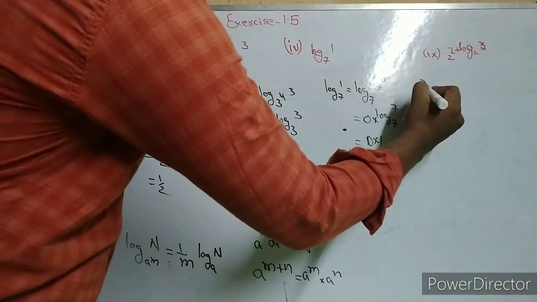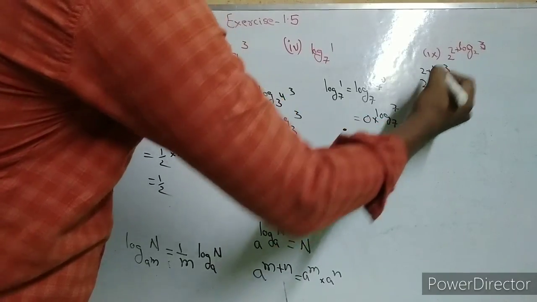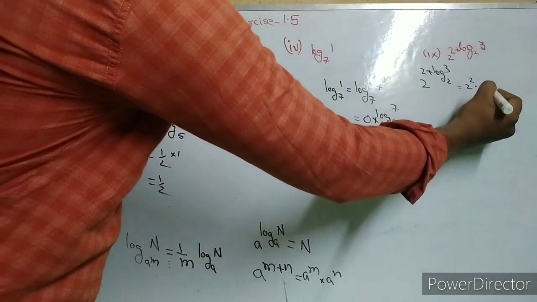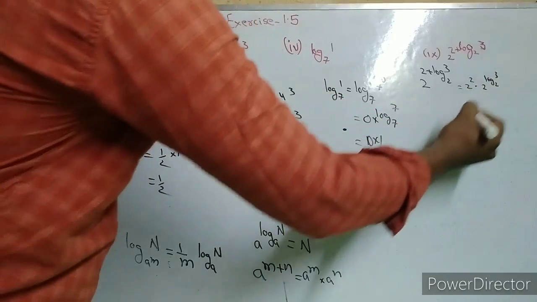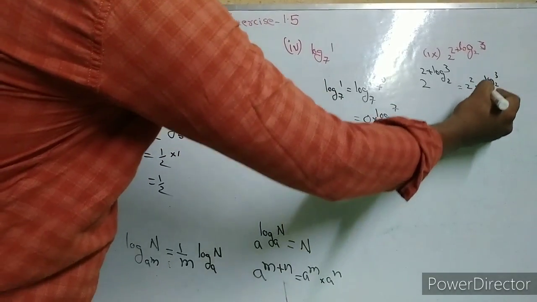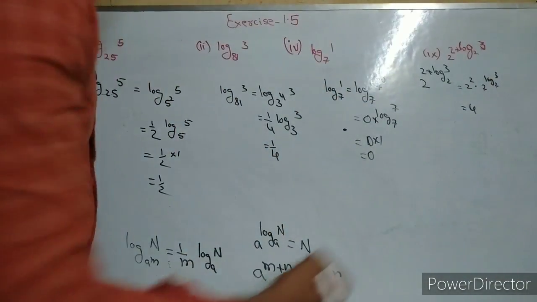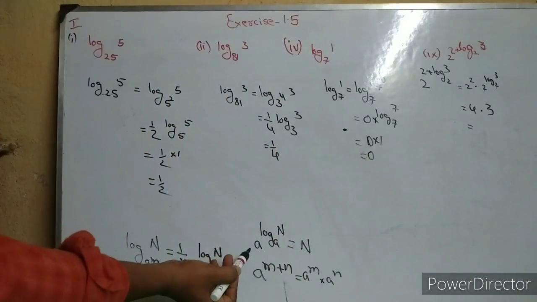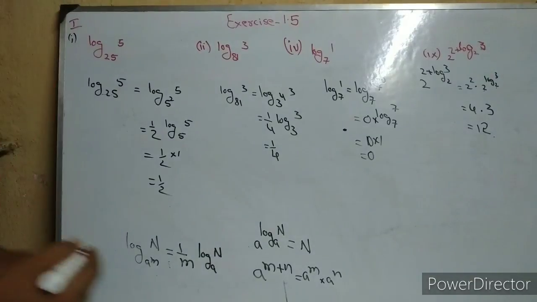So 2 power 2 plus log base 2 of 3 is equal to 2 square into 2 power log base 2 of 3. So 2 square will be 4. a power log base a of n, its value is 3. I am using this identity. So we will get just 12 here. That is all.